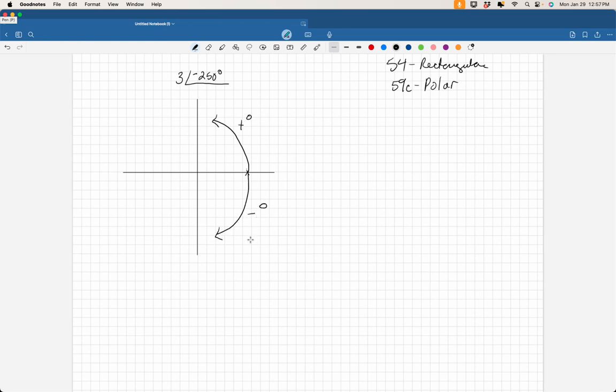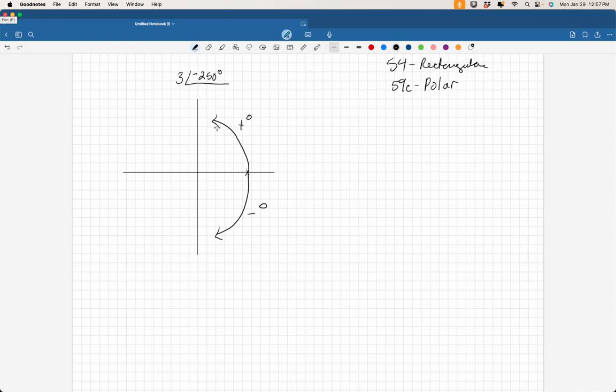You measure from here clockwise instead of counterclockwise. So instead of going through quadrant 1, 2, 3, 4, you go quadrant 4, 3, 2, 1. It's just in the opposite direction.